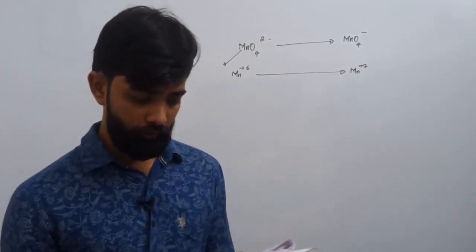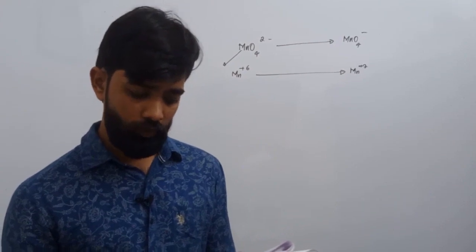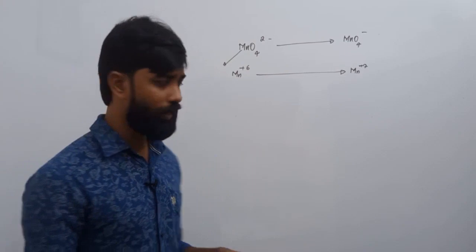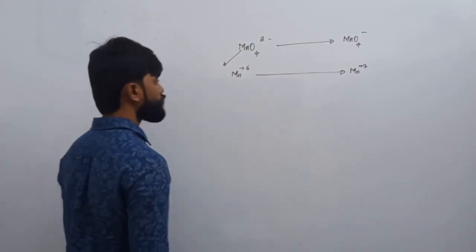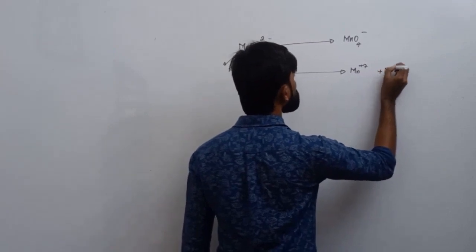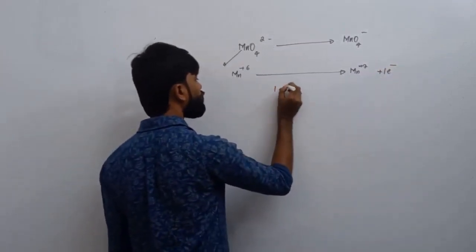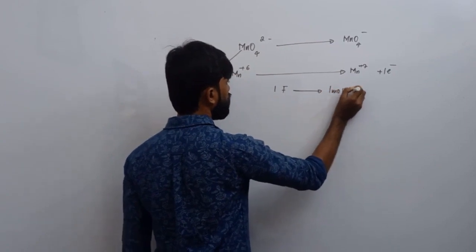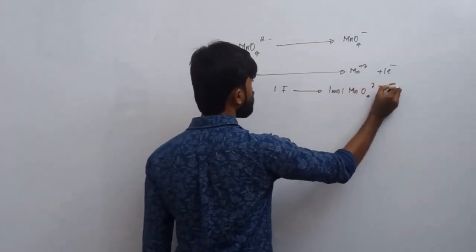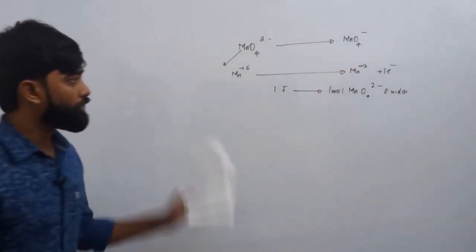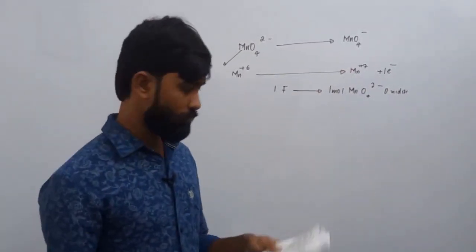And what are you asked to find? When 0.1 mole of MnO4 2 minus is oxidized, the quantity of electricity required in terms of farad or coulomb. It is clear that the electron involved is 1. So 1 farad oxidizes 1 mole of MnO4 2 minus, since 1 electron involved means 1 farad passed and 1 mole reaction takes place.